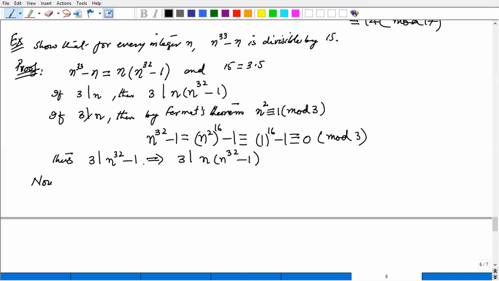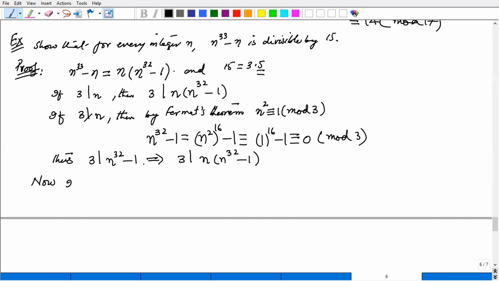Now for the other factor, 5, we will use a similar argument. If 5 divides n, it means 5 divides the whole thing.